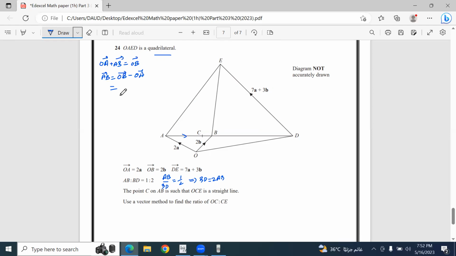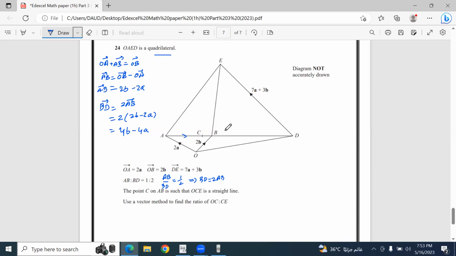So OB is 2b, as given, minus 2a. This is AB. And one more thing we need to find, which will help us later, is BD. BD is equal to 2AB. So that means 2 bracket open 2b minus 2a, which gives us 4b minus 4a. That will help us also.